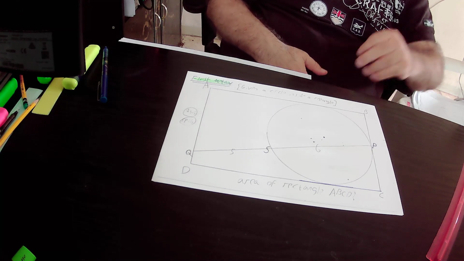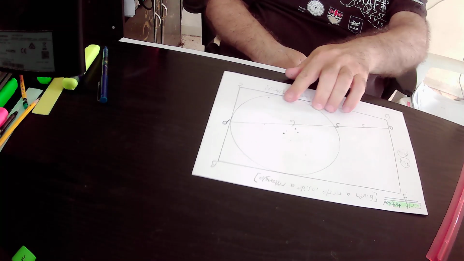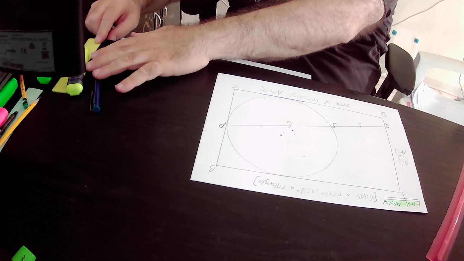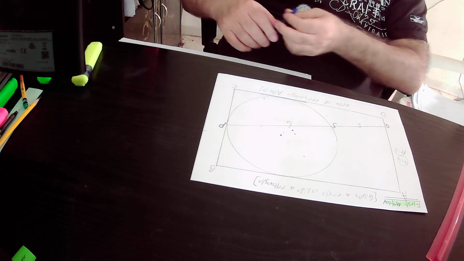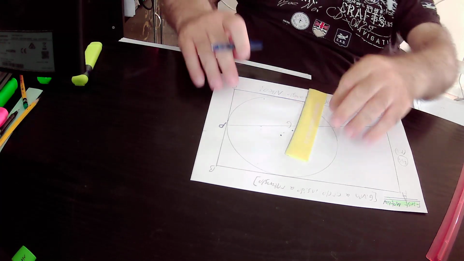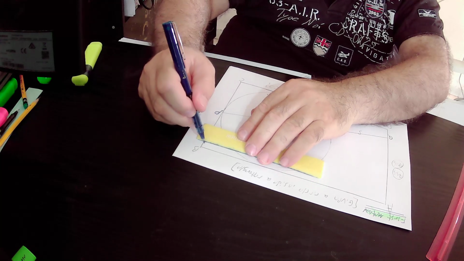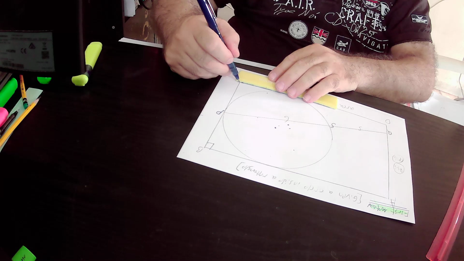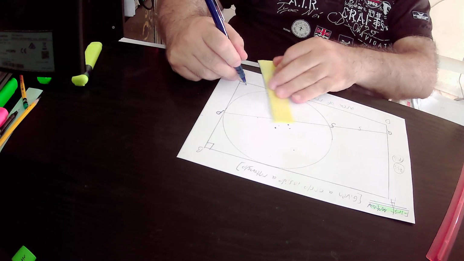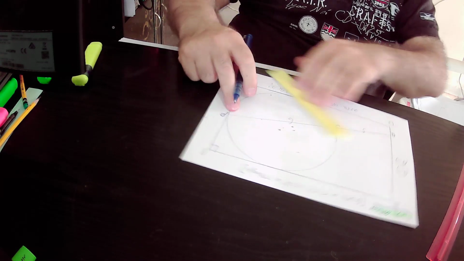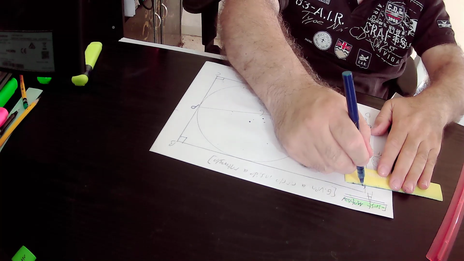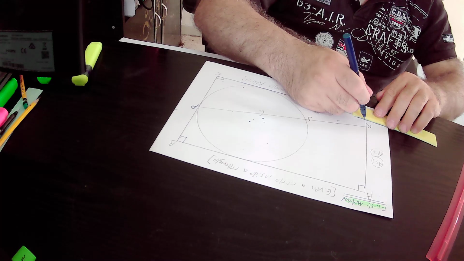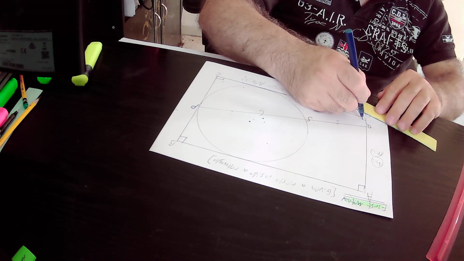First of all, we know that all the angles inside the rectangle are right angles, so this angle equals 90 degrees, this angle equals 90 degrees, this angle equals 90 degrees, and finally this angle is also equal to 90 degrees.